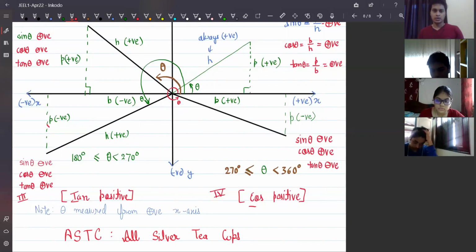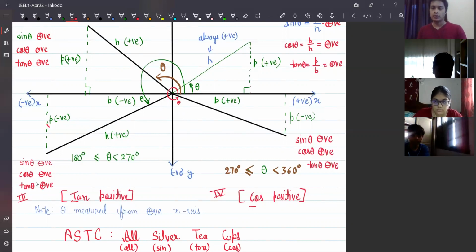Just in short, all positive, sine positive, tan positive, cos positive. Is it okay? Can we remember this? Is this simple? And remember that if a ratio is positive, then its inverse is also positive. If cos is positive, then sec will also be positive. If tan is positive, then cot will also be positive.